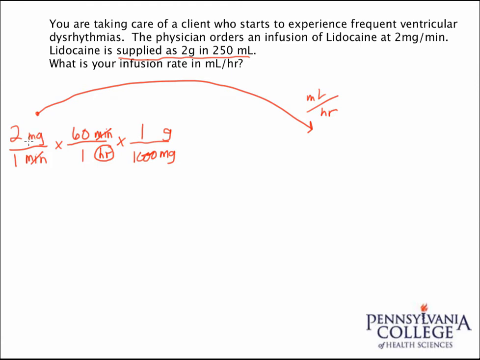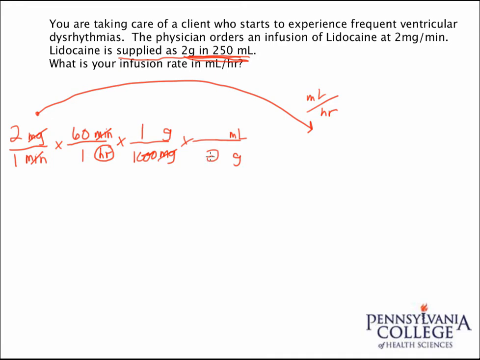If I were to stop right now, milligrams would cancel. I would have grams in the numerator and hours in the denominator. That's not what I want. So I can now cancel out grams and go from grams into the milliliters that I want. And that's what's supplied to us, that's what's available.